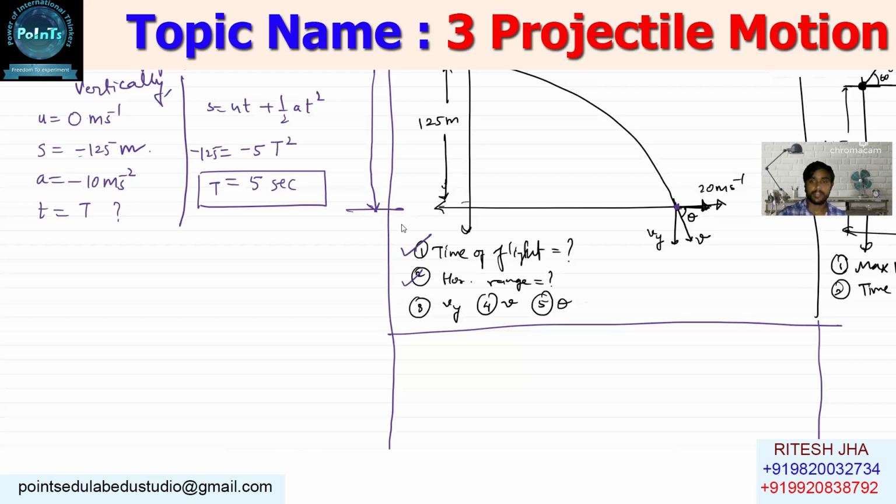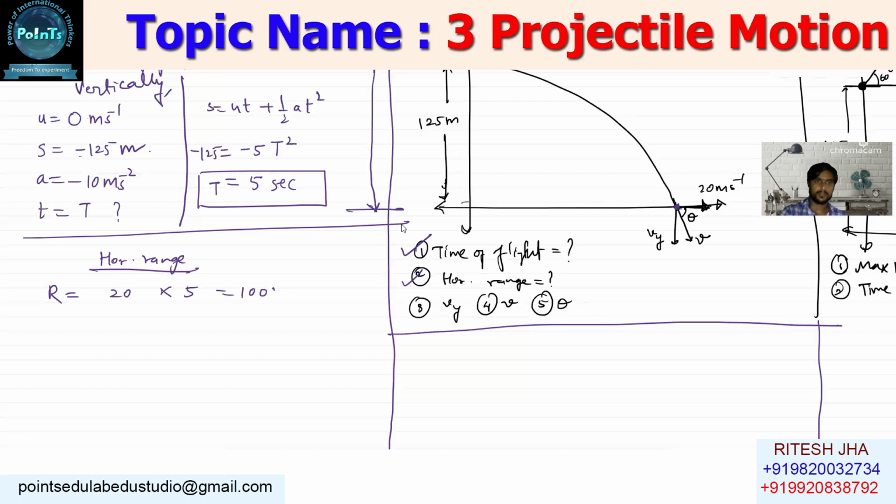Now let's talk about the horizontal range. Which formula to be used? For the horizontal range we use R equals velocity cosine theta multiplied by the time. Horizontally the velocity is 20 meters per second, multiplied by 5, we get 100.